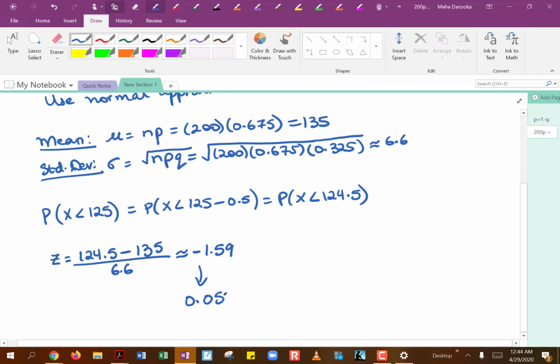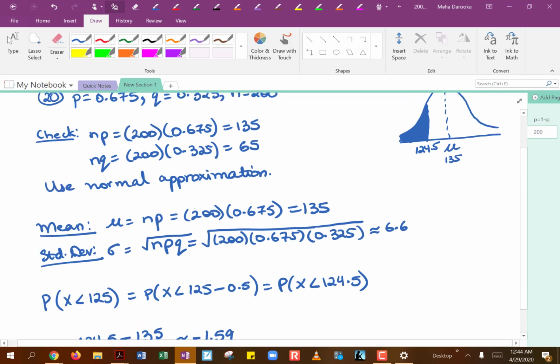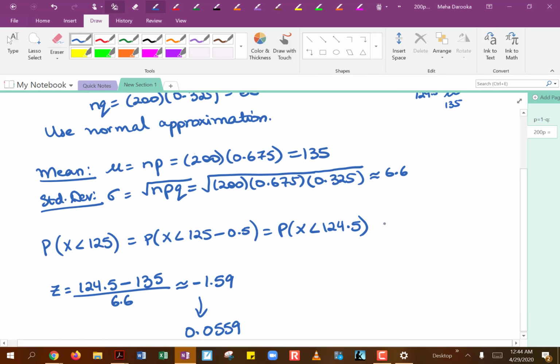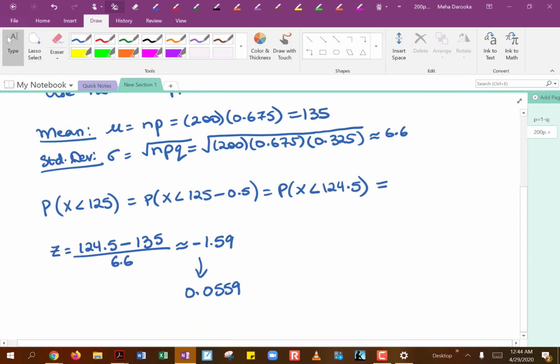This just comes out to be 0.0559, or as a percent, this would be 5.59%. So this is what we are looking at as our answer. So this area is 0.0559.